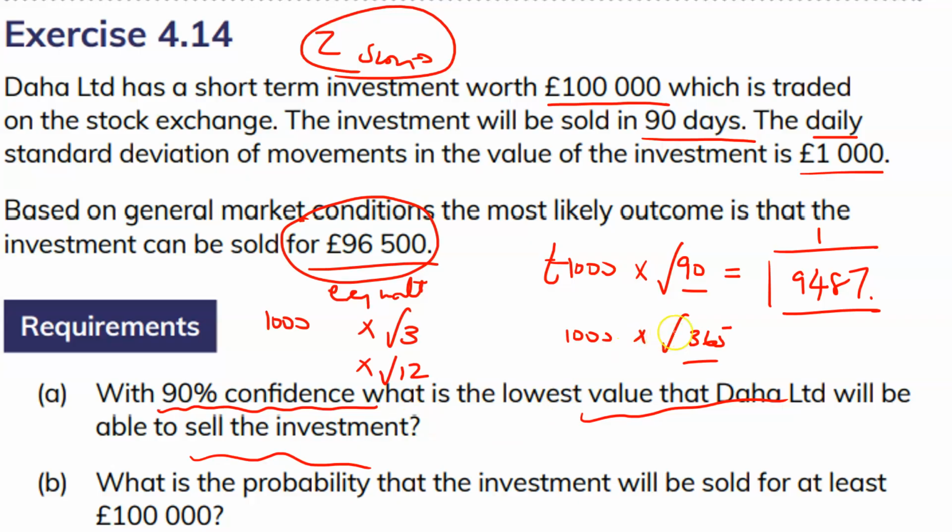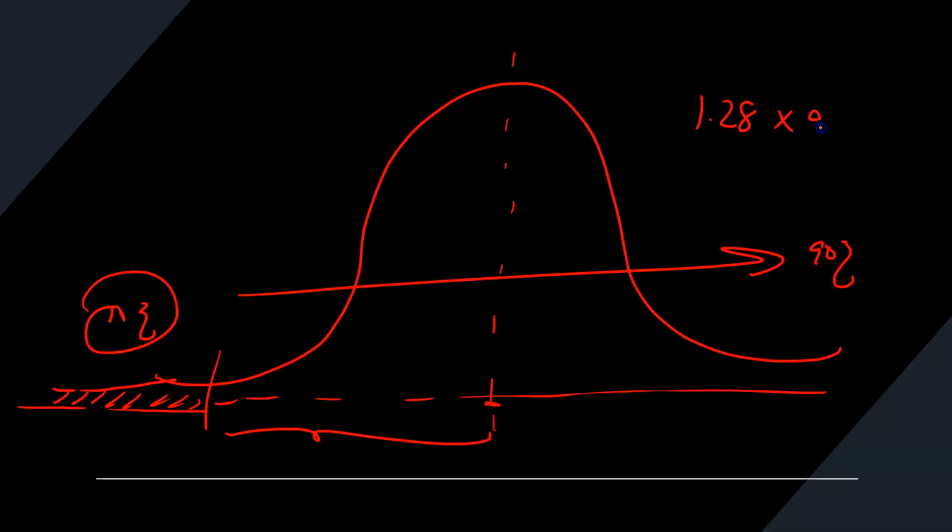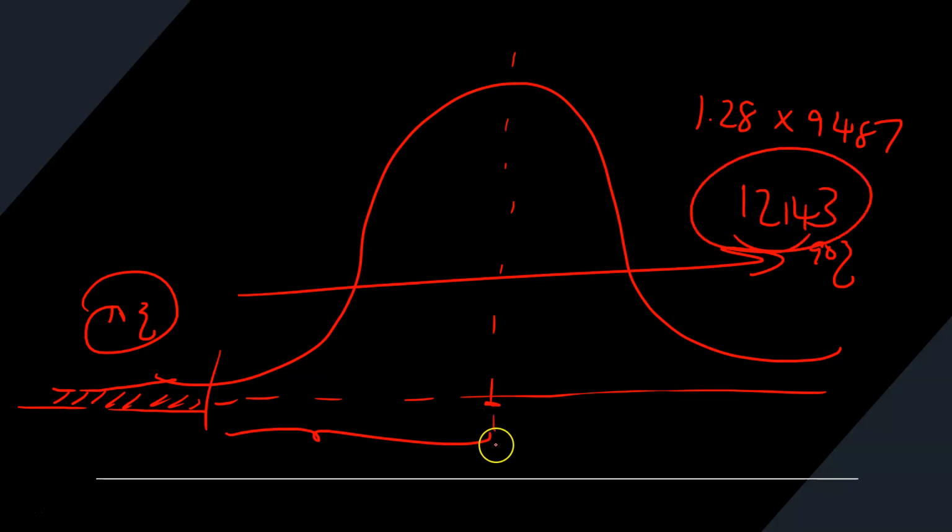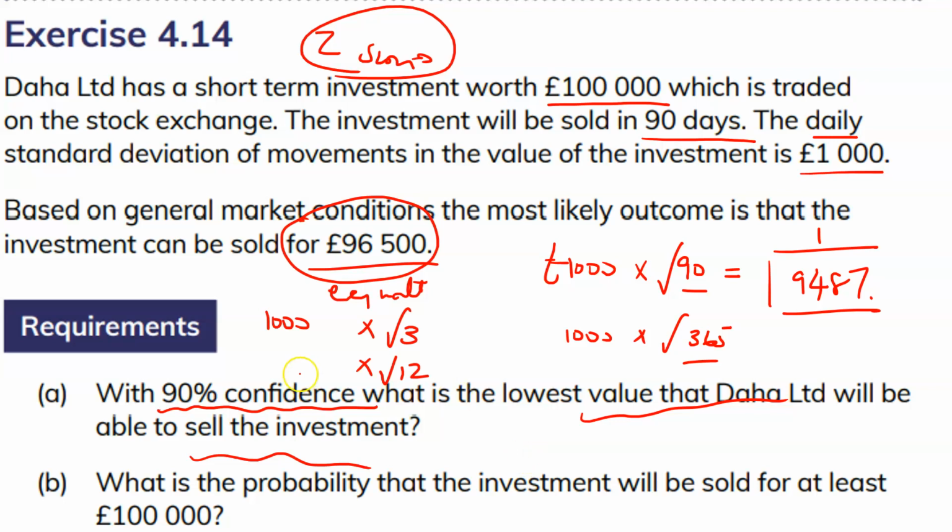So I have 9487. Let's just do that. 9487 times 1.28 gives me 12,143.